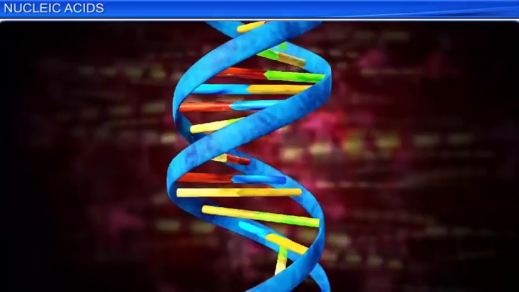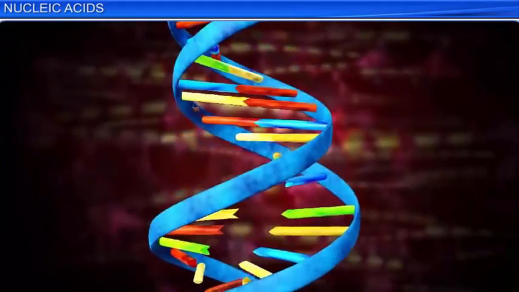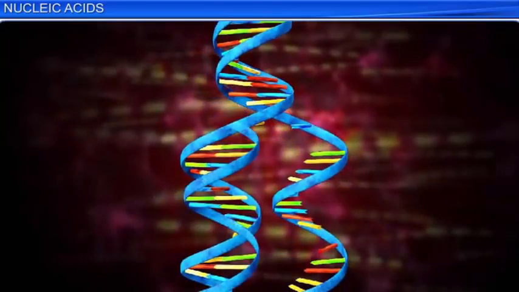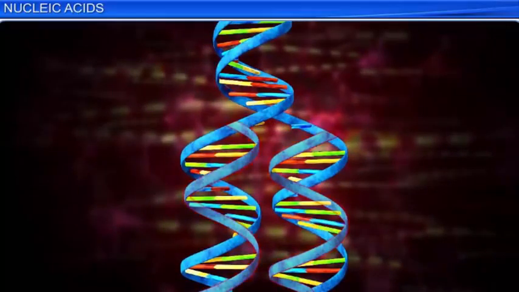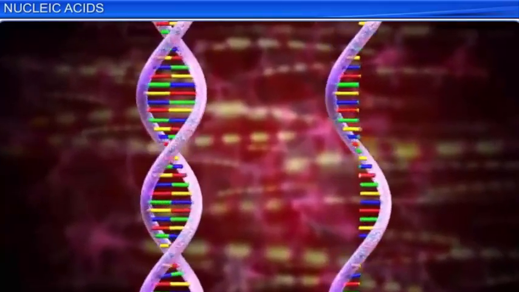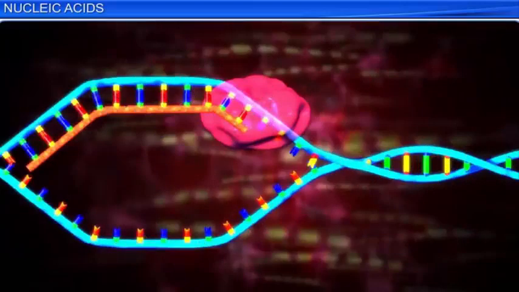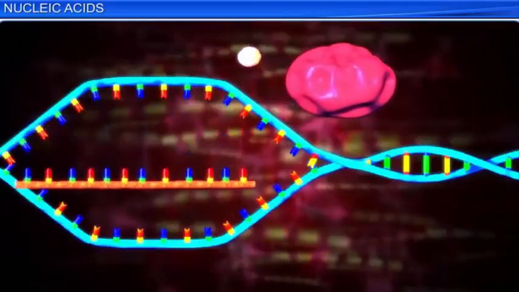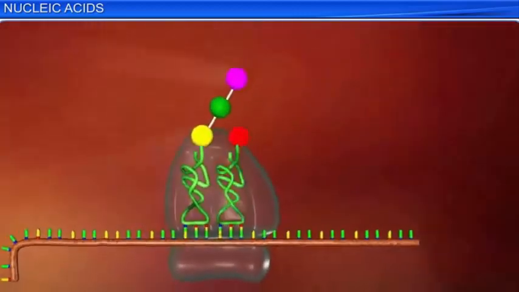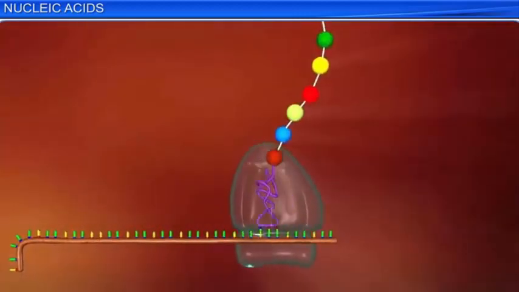DNA copies itself, or self-replicates, during cell division, so that identical copies of the genetic code are transferred to the daughter cells. Nucleic acids are vital for protein synthesis. DNA stores the code for the amino acid sequence, while RNA molecules link the amino acids together.